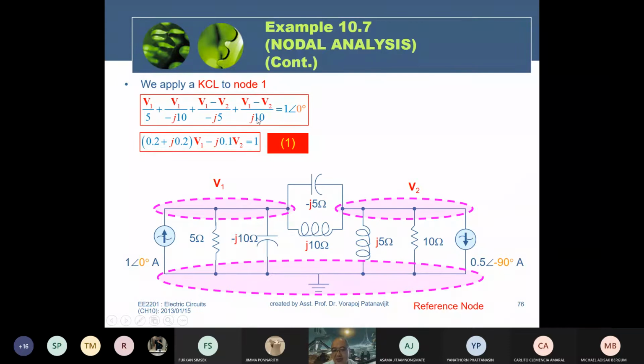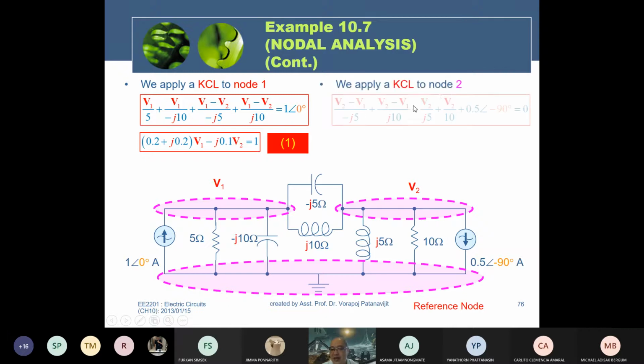You can see that everything is the same as normal nodal analysis, except it is complex numbers. Then you reorganize the equation to be V1 with its coefficient, V2 with its coefficient, equal to a constant.